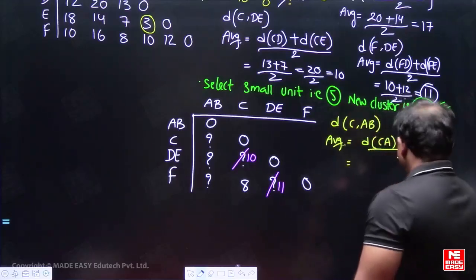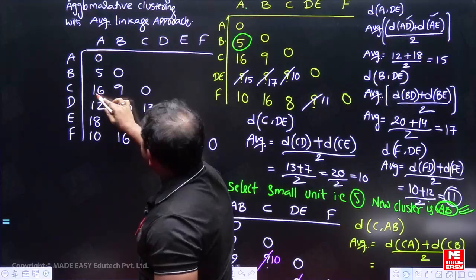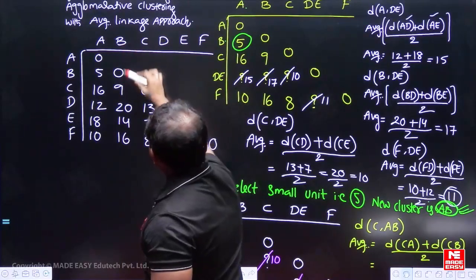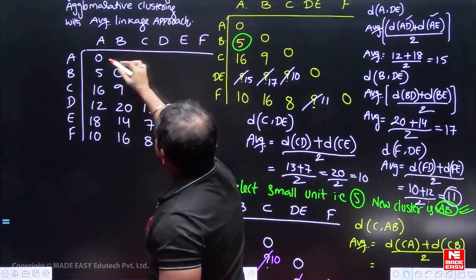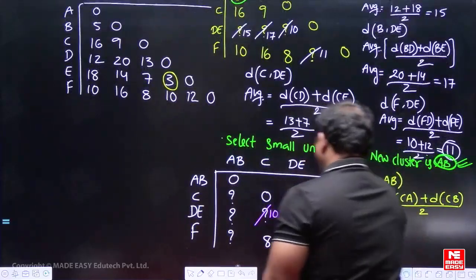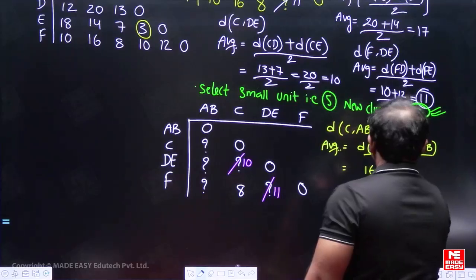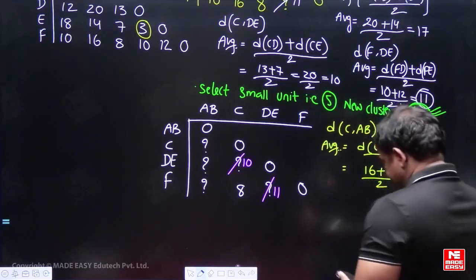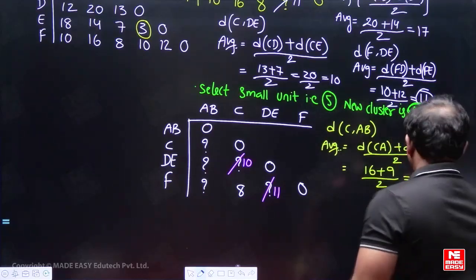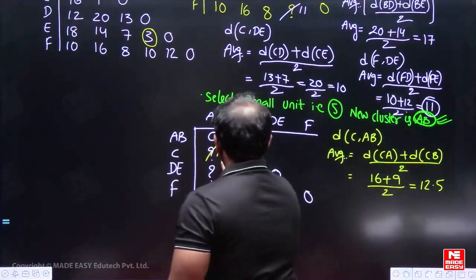CA distance is 16 and CB is 9. 16 plus 9 divided by 2, that is 12.5. So now this is replaced with 12.5.